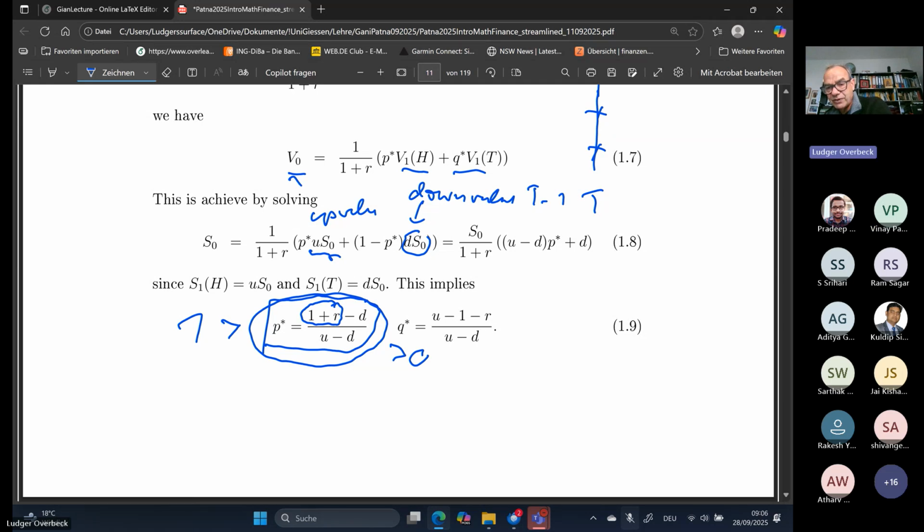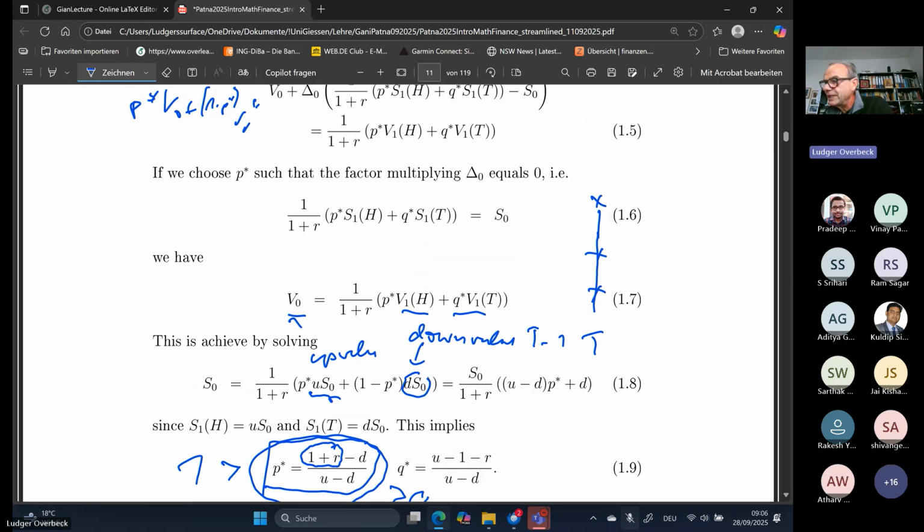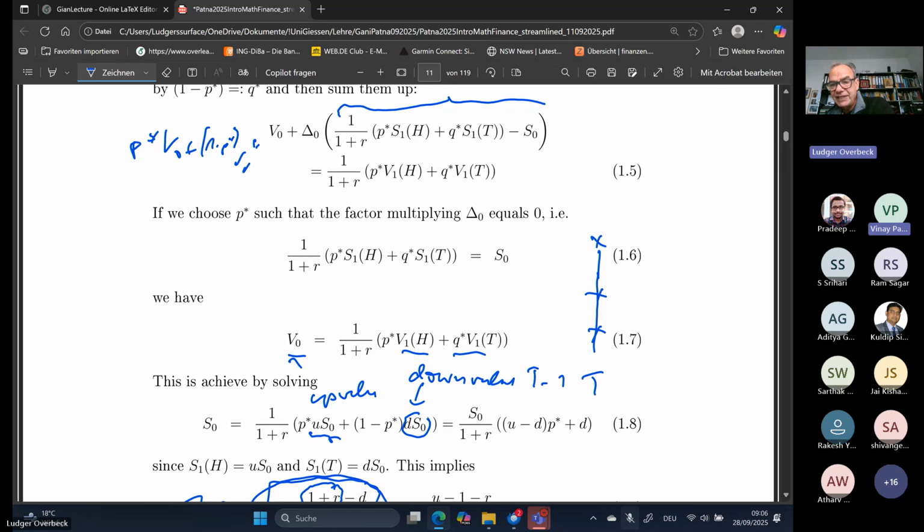Our first goal was to get also delta 0. Our main goal is to get V0, the value of the replicating portfolio.